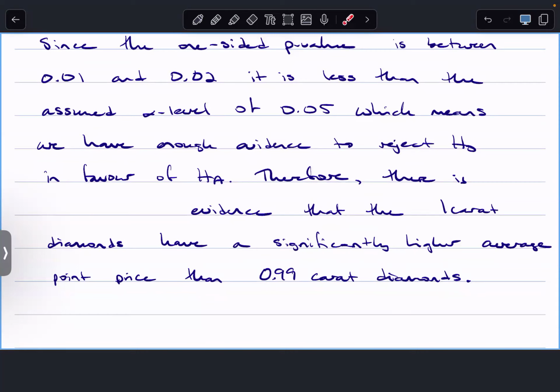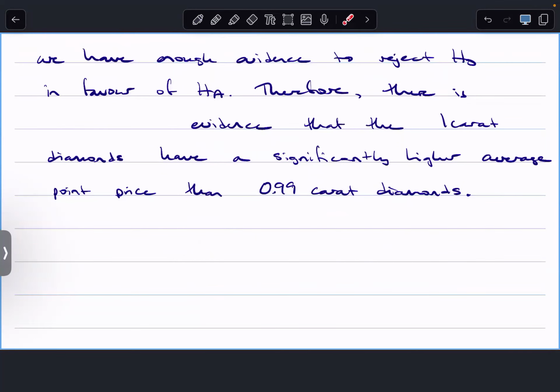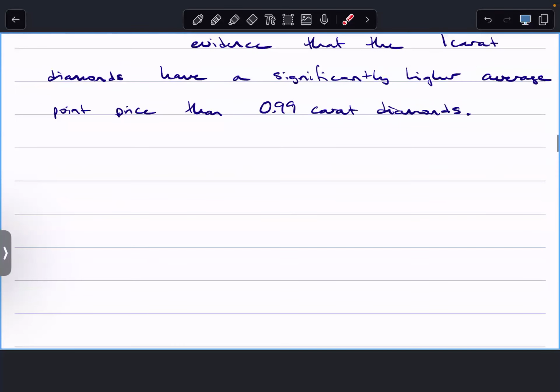Okay, that's good information. The average point price for 1 carat diamonds is significantly higher than 0.99 carat diamonds. What's a logical follow-up question to that? Well, how much more expensive, right? And so to answer that, we would need to make a confidence interval, right? And so this is the end of this example.